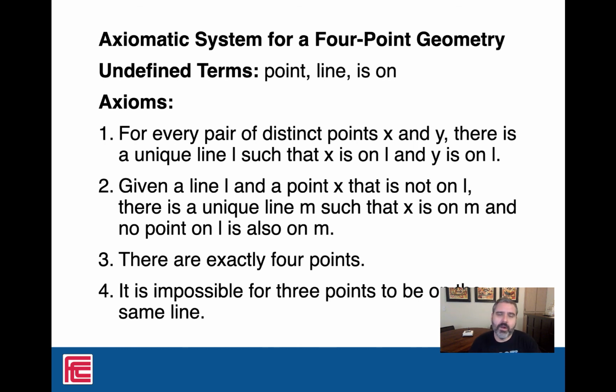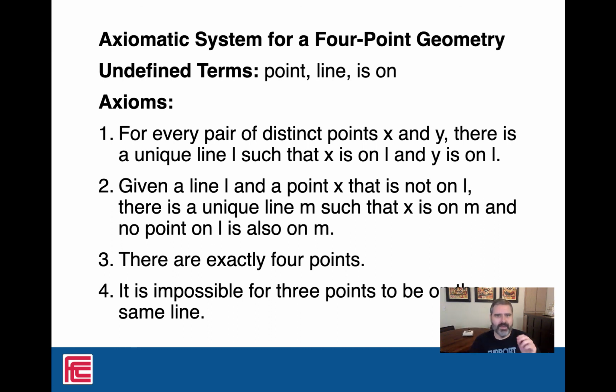So then we've got 4 axioms for this system. Axiom 1: for every pair of distinct points x and y, there is a unique line L such that x is on L and y is on L. So for any 2 points, there is a line that connects them. Axiom 2: given a line L and a point x that is not on L, there is a unique line M such that x is on M and no point on L is also on M, right?